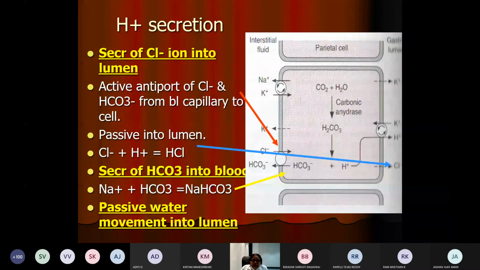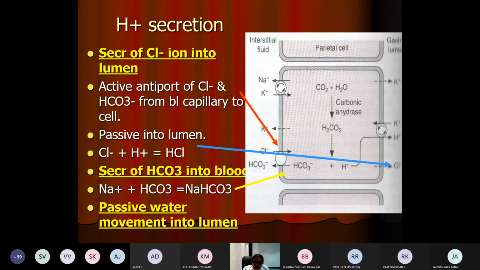Then secretion of chloride ion into lumen: antiport of chloride and HCO3 from blood capillary to cell. Passive into lumen. Chloride plus hydrogen, that is the HCl.